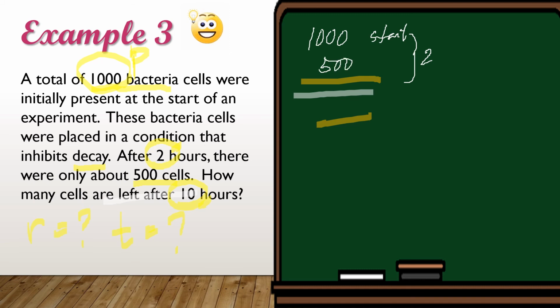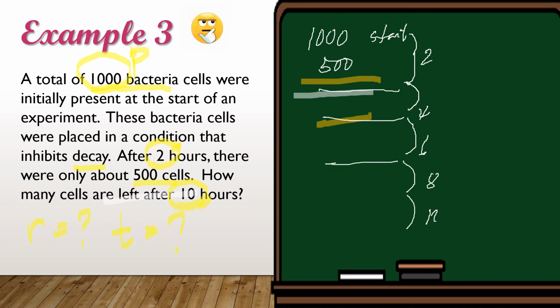Now we are asked after 10 hours, so for us to go to 10 hours, we need how many intervals? From 2, the next is 4, then 6, then 8, and finally 10. A matter of how many intervals? So 1, 2, 3, 4, 5 intervals. And that 5 intervals is telling us time.